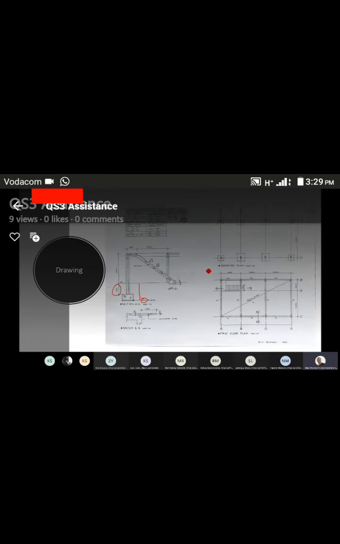So I would add the 600 plus the 1150 plus the 75. And when I add those, what depth do I get? I get a depth of 1825.